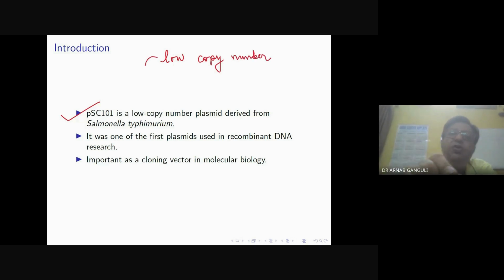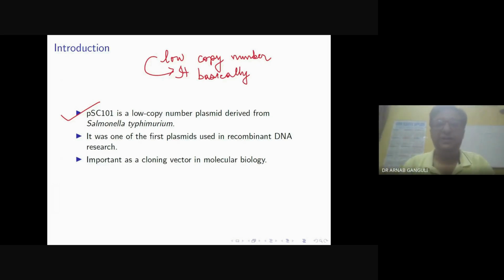And low copy number basically means it has low replication. That is low copies.